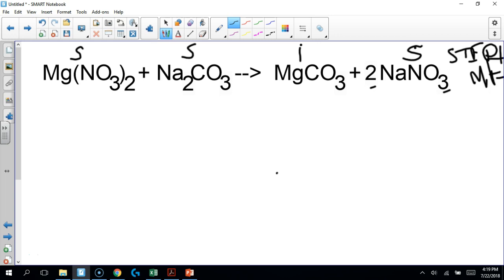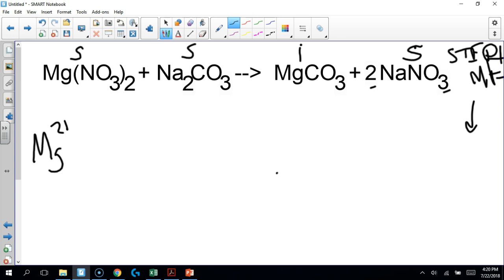So, here's the thing. We have 2 things that are soluble as reactants, and then 1 thing that's soluble as a product. So, in order to go from step 1 to step 2, we're going to take the things that are soluble and split them apart. And we have to keep the charges on it.